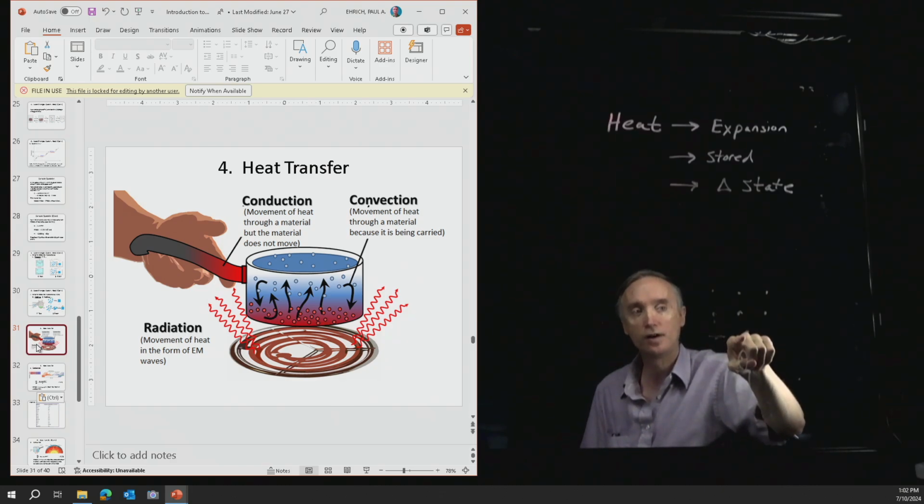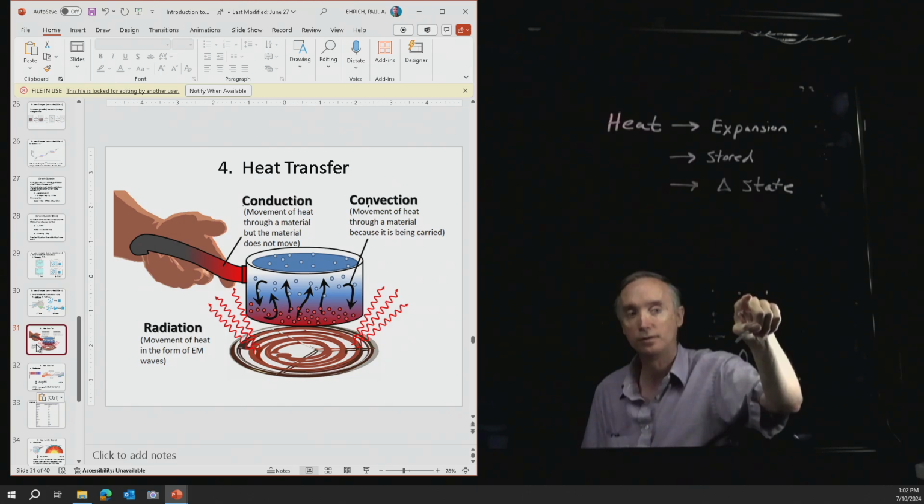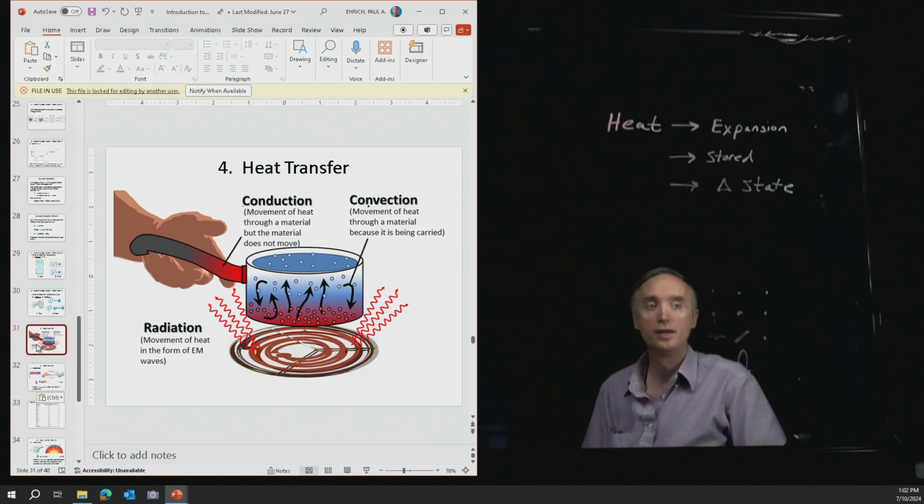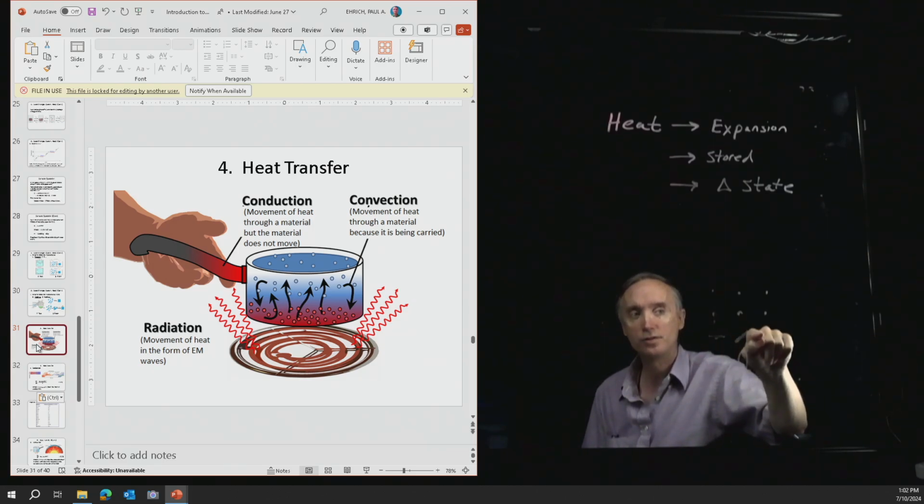And notice that the vibrations are being transferred through the material. So eventually all of these vibrations down here at the bottom are going to be up here at the top. So this is going to be the movement of energy through a material. Now notice that the individual atoms are not moving very far.